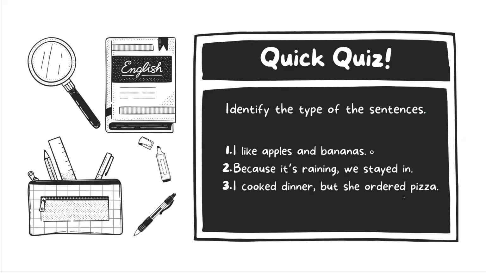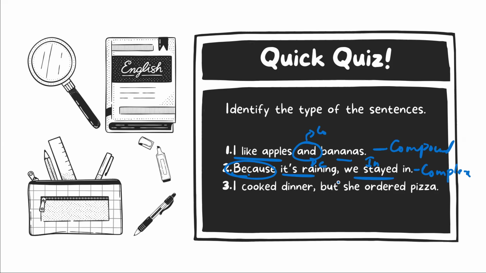Guess what? The first sentence is a compound sentence. Why? Because I like apples and bananas, joined by a coordinating conjunction, which makes it compound. Then we have, because it's raining, we stayed in. Two clauses, one is independent and the other is dependent, joined with a subordinating conjunction, which makes it a complex sentence.